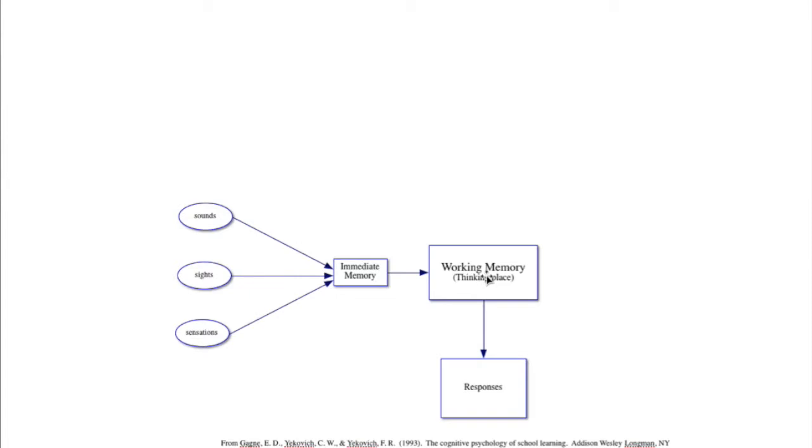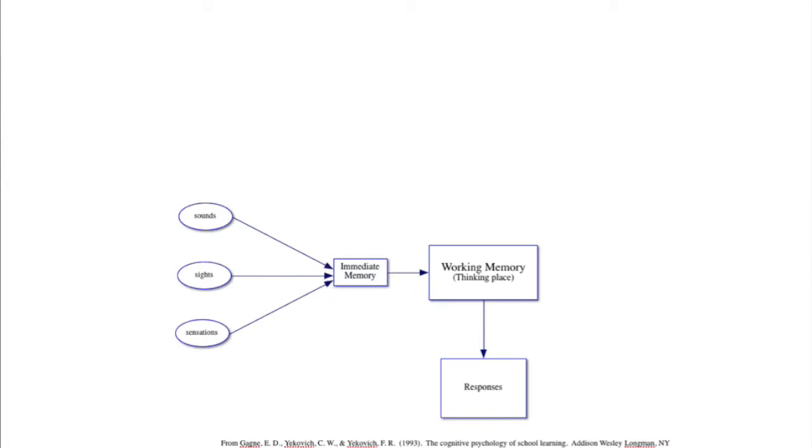So I'm only thinking about my feet when I notice my feet. Then I can get that information into my working memory, and I can sit here and think about wiggling my toes or whatever. However, we want a place in this model to account for how this immediate memory behaves.